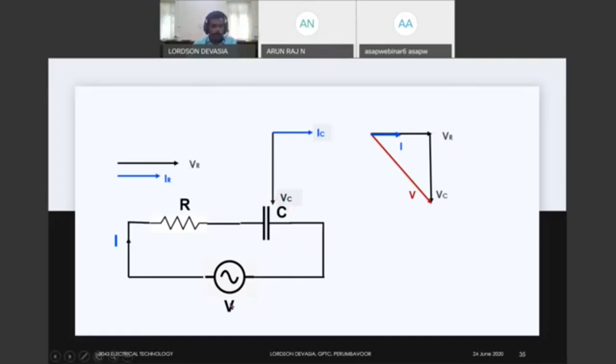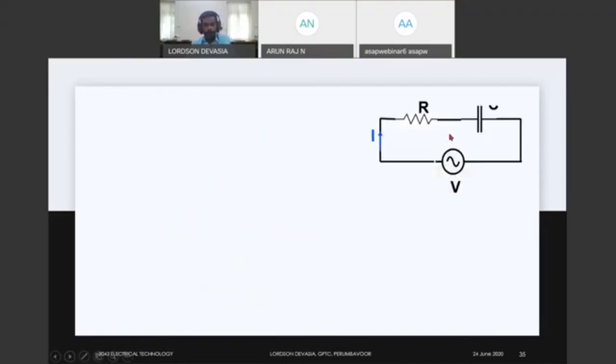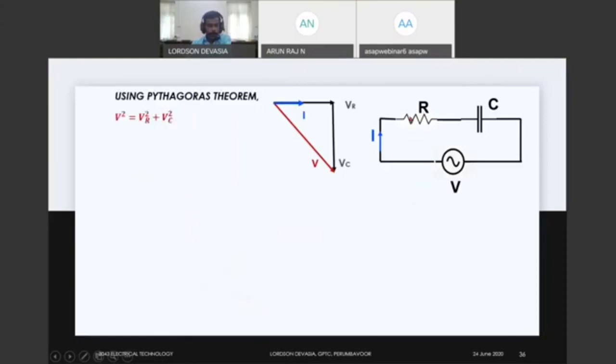So the applied voltage V is equal to VR plus VC. So നമുക്കത് ഡയറക്റ്റ്ലി ആഡ് ചെയ്യാൻ പറ്റില്ല, ബിക്കോസ് VRും VCയും രണ്ട് ഡിഫറെൻറ്റ് ആക്സിസിലായതുകൊണ്ട് we can add that vectorially. So the V is equal to vector addition of VR and VC. നമ്മൾ RL സീരീസ് സർക്യൂട്ടിൽ പഠിച്ചതുപോലെ തന്നെ apply using Pythagoras theorem.